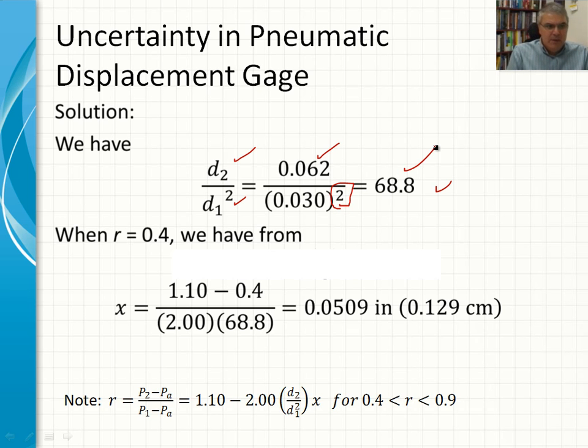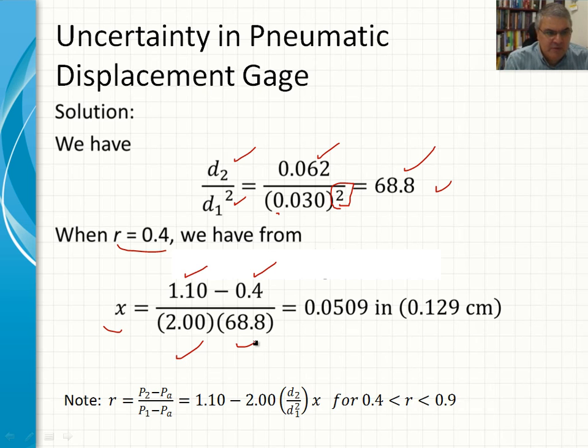Remember that you should check your calculations or my calculations as we are going through this, so feel free to grab a calculator and go over this with me. So if R is 0.4 in this case, then we are going to have X as, again, we simply replace the parameters with what's given: 1.10, 0.4, 68.8, which is the ratio of d2 over d1 squared.